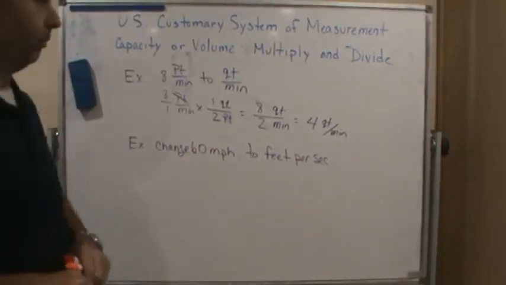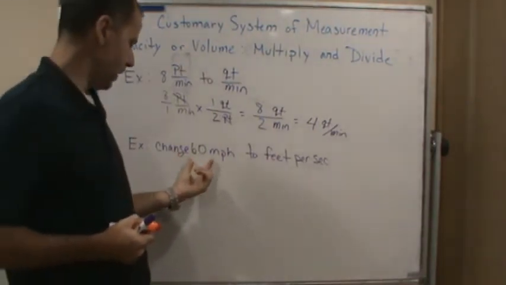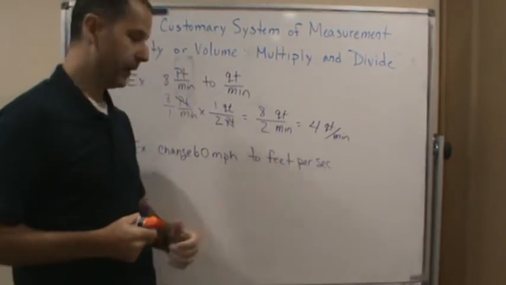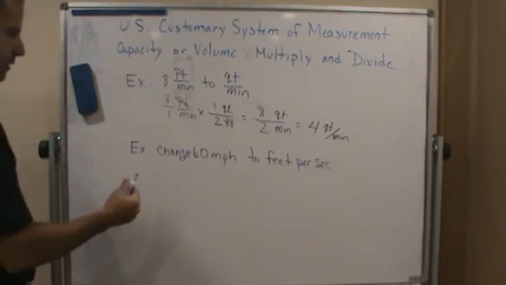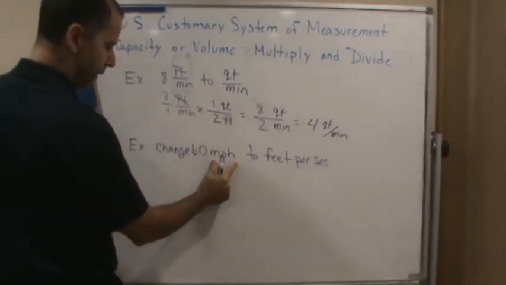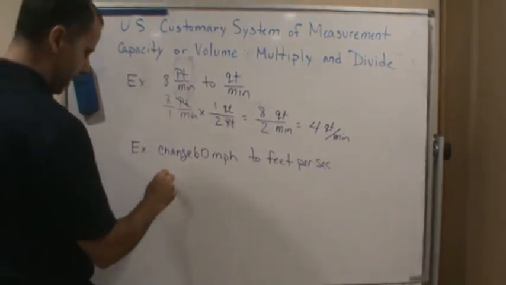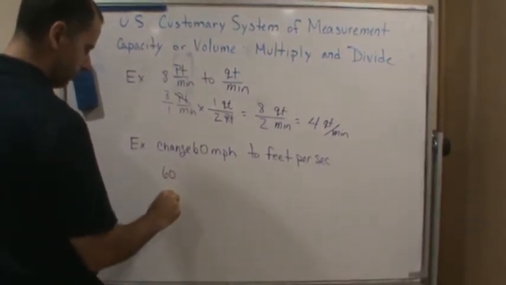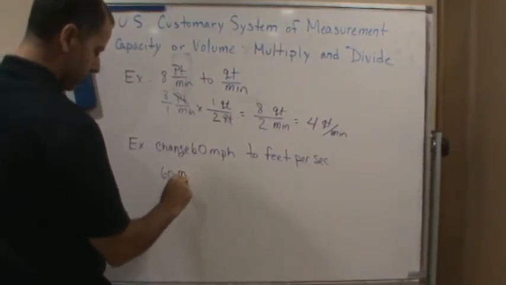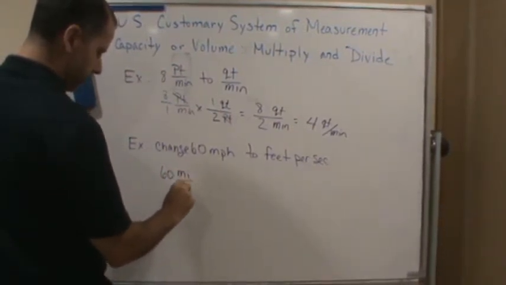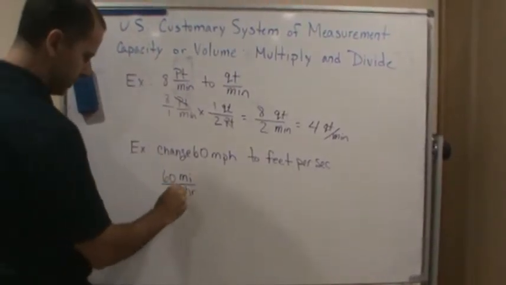Okay? So now, what about this one? Here we want to change from 60 miles per hour to feet per second. So now we have to understand what this means. This is miles per hour, so this is miles over hours. So we start by writing 60 miles per hour, and of course I'm going to put the 60 over 1.